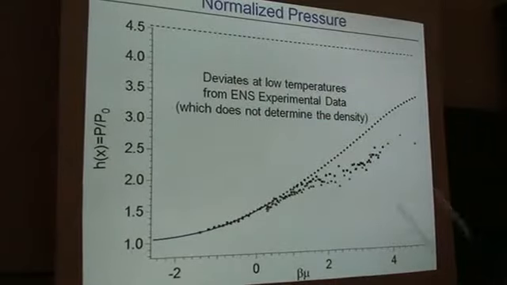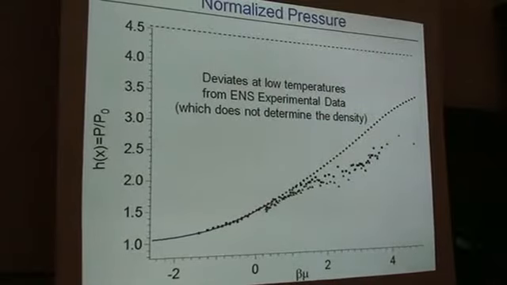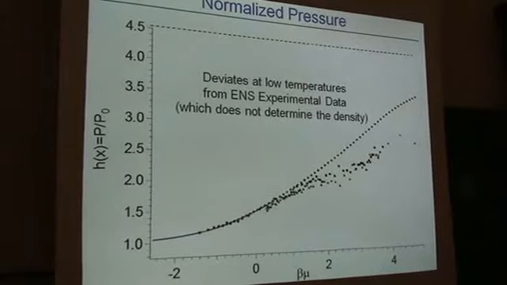There's also an experiment by the École Normale in Paris, and it doesn't lie on our data at low temperatures. At high temperatures, we have nice agreement with them. This is essentially almost by construction, because both groups use the Rayleigh expansion to clamp their profiles at high temperatures, but then we deviate at low temperatures.